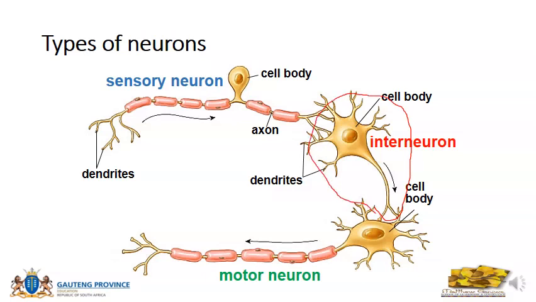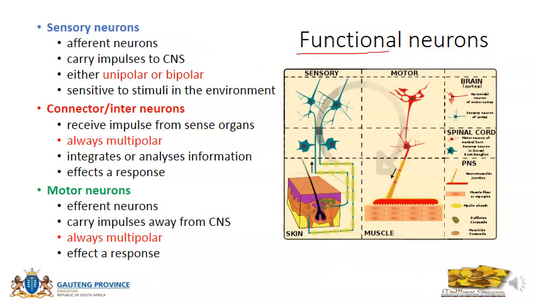We can then look at their detailed functions. The sensory neuron is also called the afferent neuron. Remember when I was talking about the medulla oblongata and the spinal cord, I mentioned two roots. One root was going up from all parts of the body towards the central nervous system, and that root was the afferent.